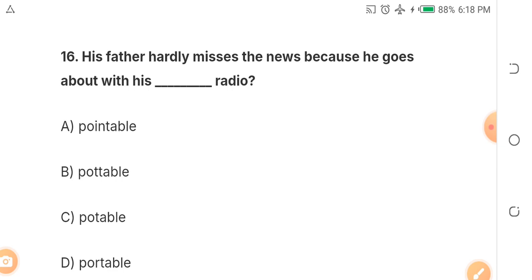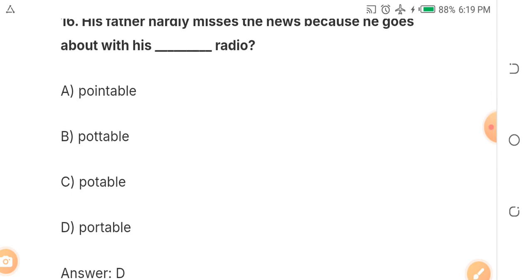Number 16. Are you with me? Are you following? His father hardly misses the news because he goes about with his dash radio.